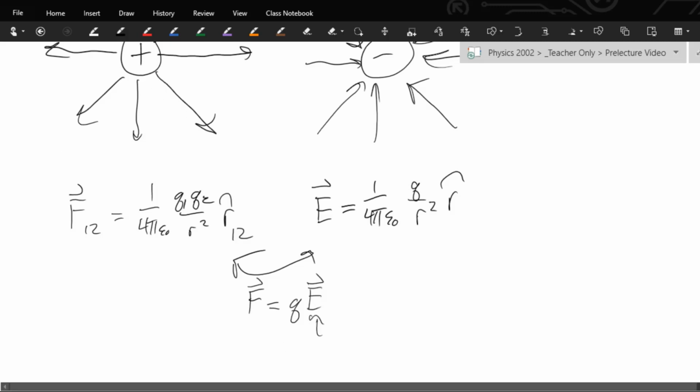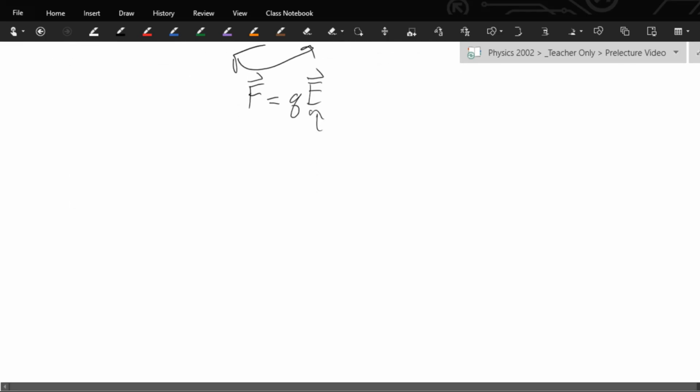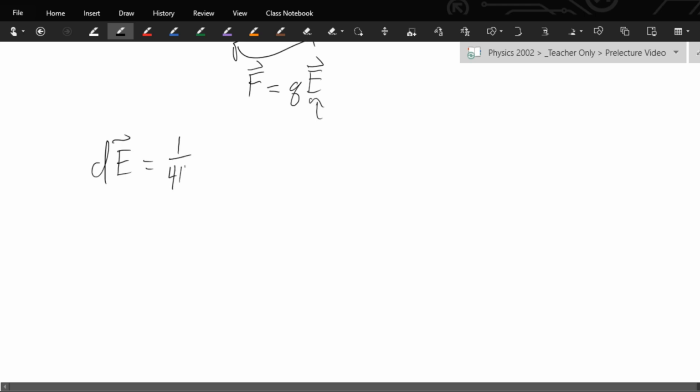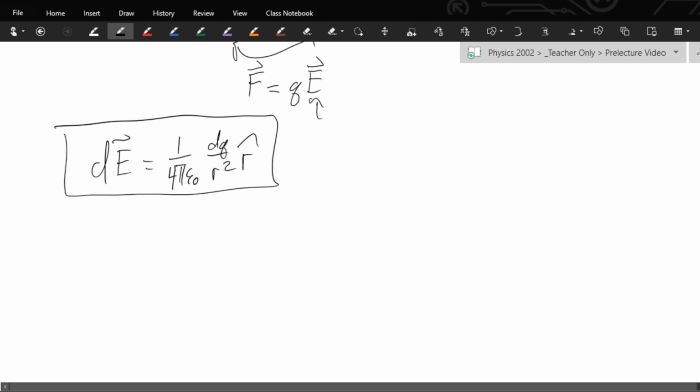So something else that we can do with this is we can talk about distributions of charge. And again, this is a very natural extension. And in terms of when we're thinking about how we're going to do calculations, it's essentially the same. We're just removing one charge. So we have something that looks like this. So this is how we could figure out what the electric field is from a distribution of charge.